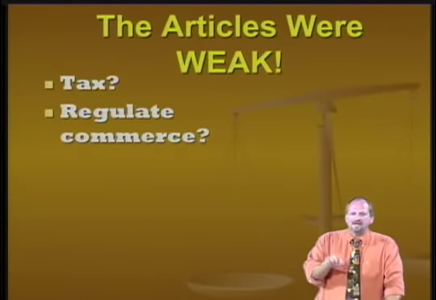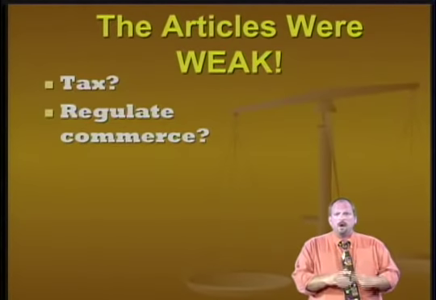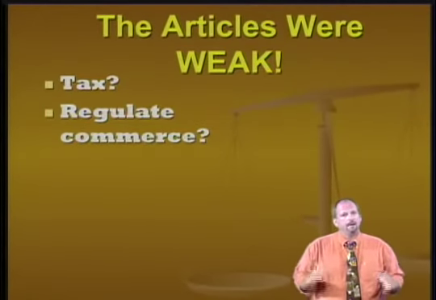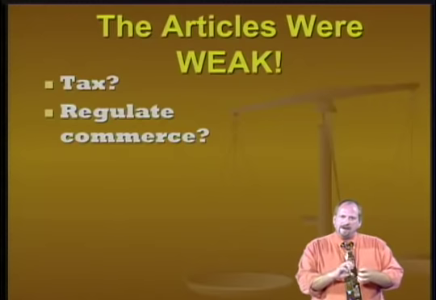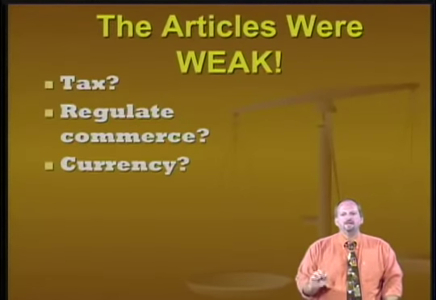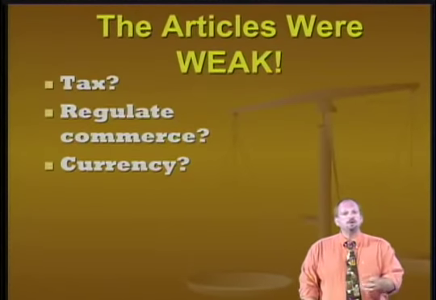Each state was left individually to decide how it would trade with each other and with foreign nations. And with no power to set up and regulate commerce, each state would argue and fight and press for the advantage. A common currency? Not hardly. Most of the states were left to create their own currency. Some even used Old British currency or Spanish currency.